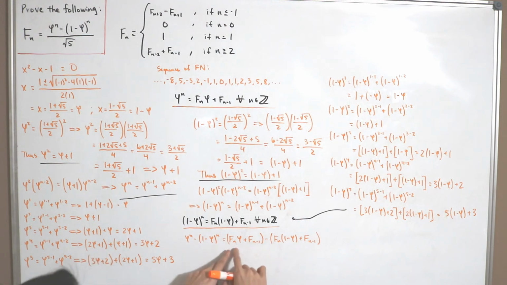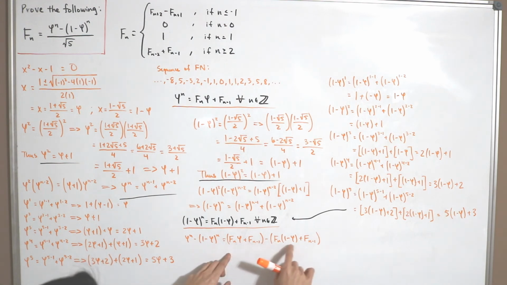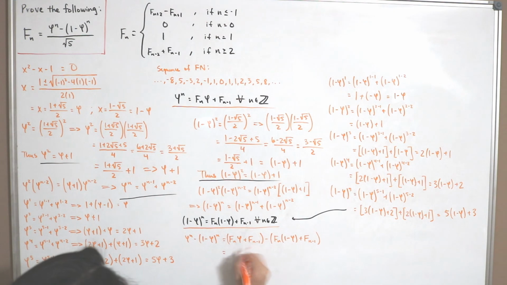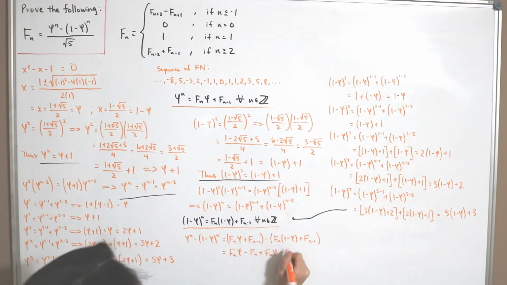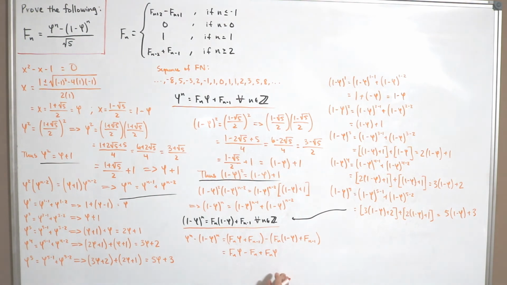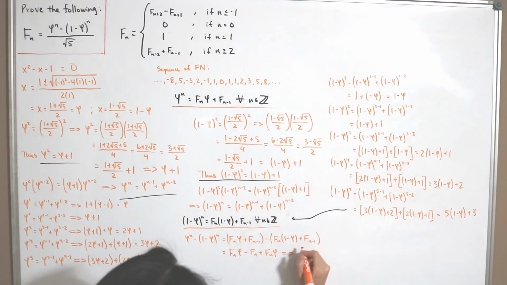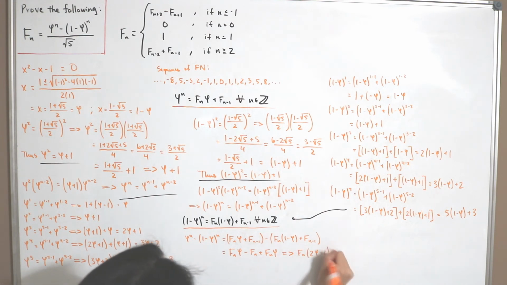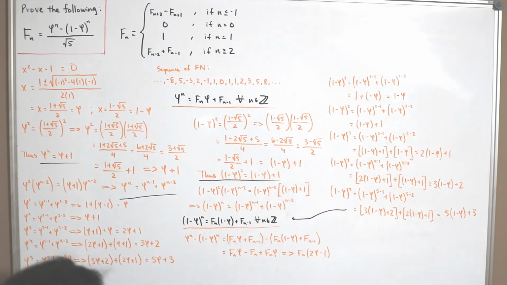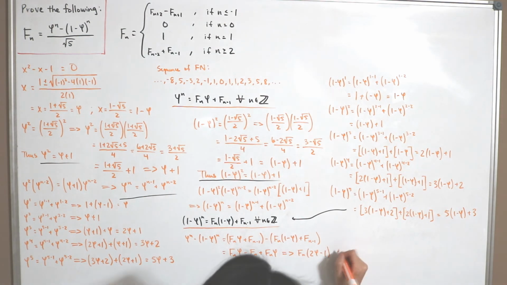So what I can do is, we have F sub n phi and then F sub n, so that means I can combine some terms. Let me just subtract this with F sub n and then plus F sub n phi. So I can factor this out. This is F sub n multiplied by (2 phi minus 1). Okay, and so what I'll do is replace our phi with the golden ratio number.